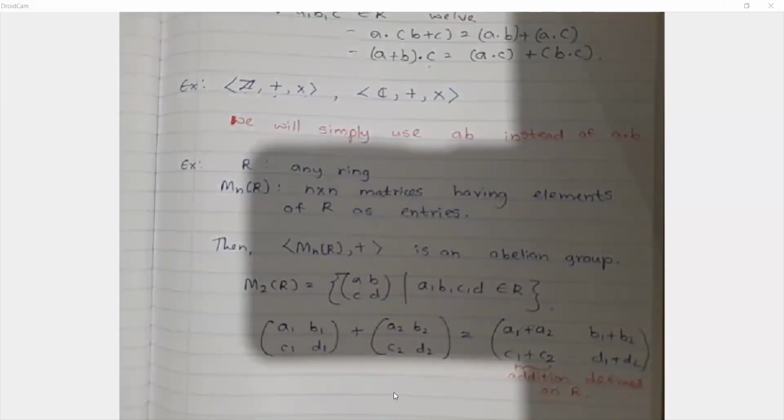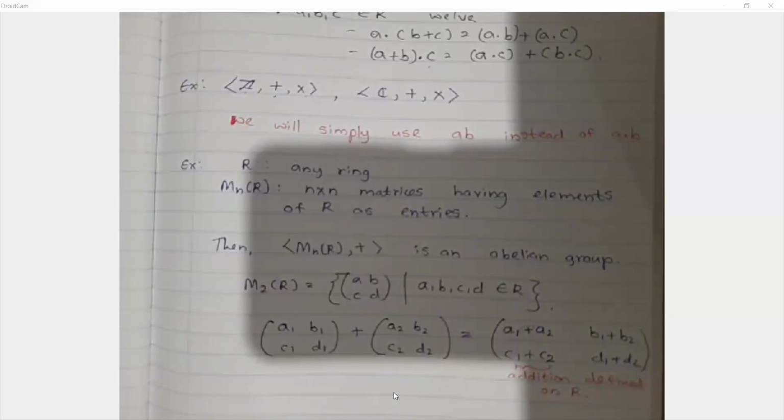Associativity laws hold. It's an inherent property. We know that matrix addition is associative. And the additive inverse is there. For A1, the additive inverse is negative A1. It exists in R as well because R is a ring.